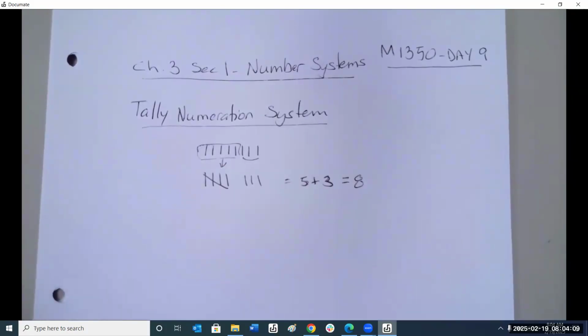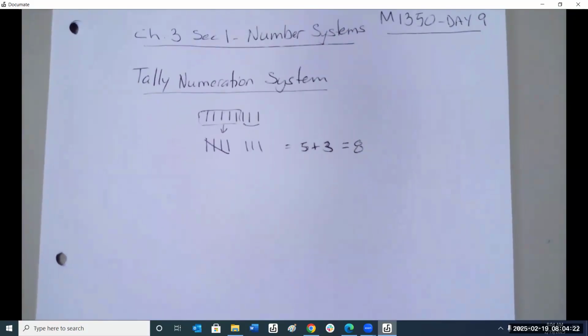But the more complex the society becomes, the more technologically advanced, the more commerce it has, it starts developing a number system of its own.